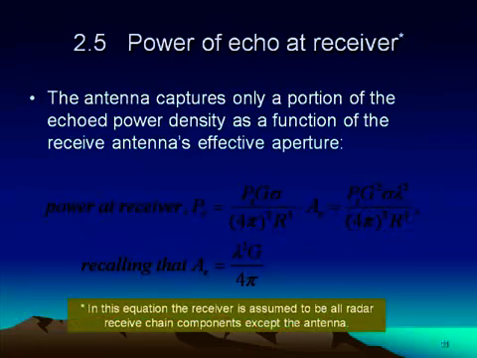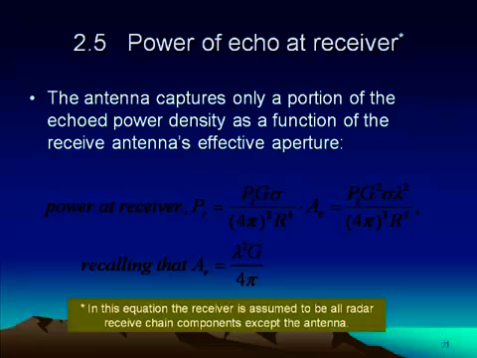Now we are going to take up the power available at the receiver location. By receiver we mean all the subsystems except the antenna, because we consider that the antenna is a separate unit of the radar system.